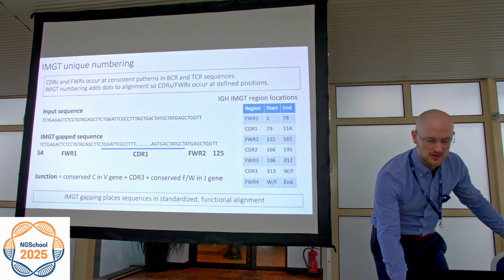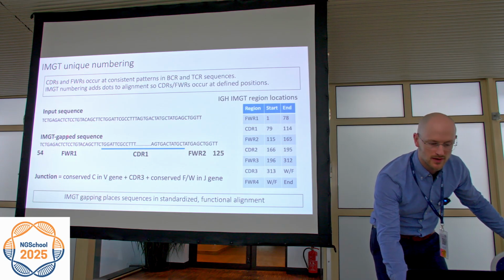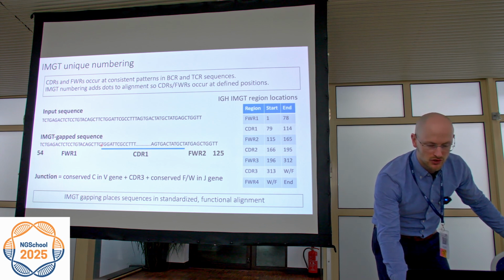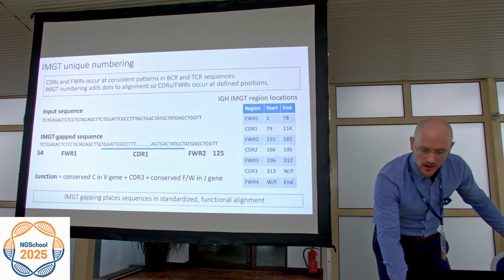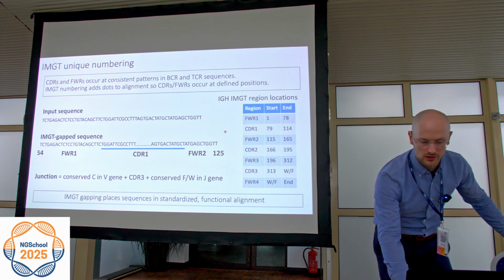So if this is our input sequence, and this is the 54th nucleotide, and this is some number of nucleotides later, if we place that sequence in IMGT gapped alignment, these dots are added within the CDR1 so that just looking at the sequence, we can say, well, we're starting at position 54, and we're going out to position 78, that's framework 1. And then from position 79 to 114, that's CDR1. And then beyond that is framework 2.